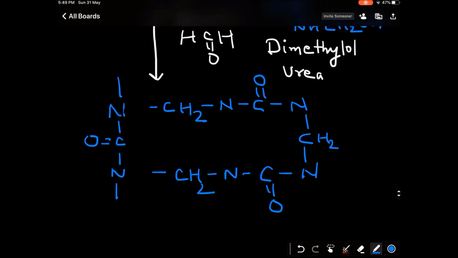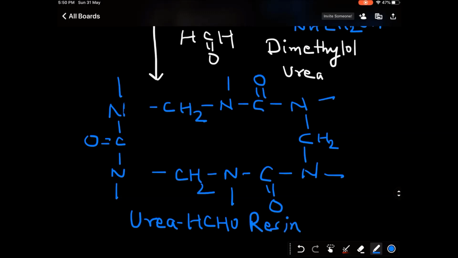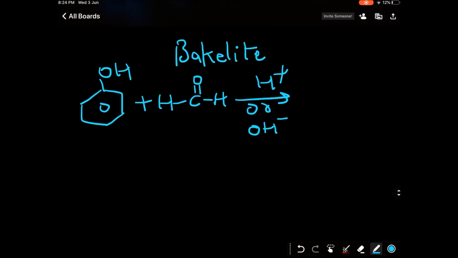This may be further combining with another molecule, similarly this and this is extended on all the sides. So this is the structure of urea formaldehyde resin.